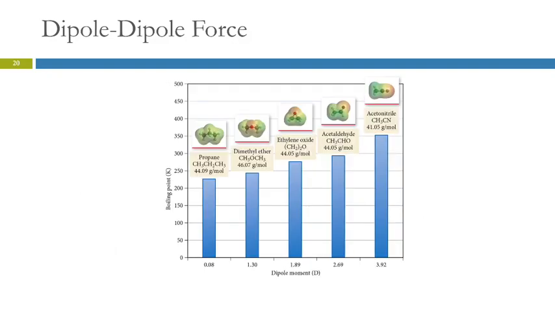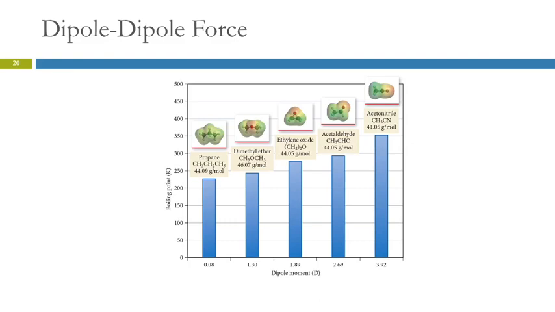Here we're looking at boiling point as a function of dipole moment. So you can calculate the dipole moment of a polar molecule, or a nonpolar for that matter. And it's measured in debye, and we didn't do any calculations with that, but that's the unit there. And so we see here all of these molecules have very similar molar masses, right?